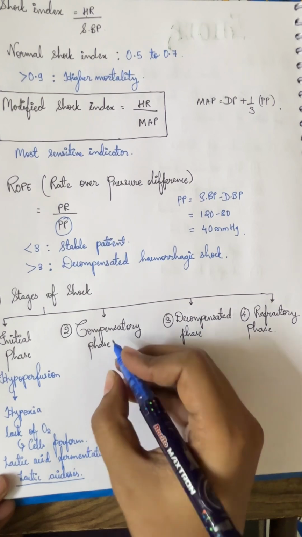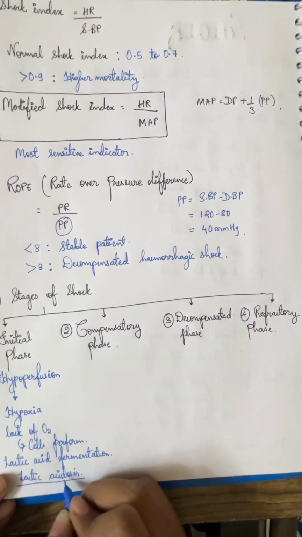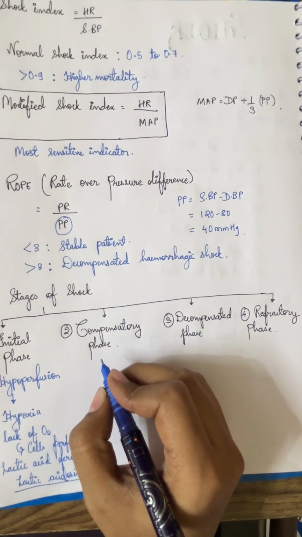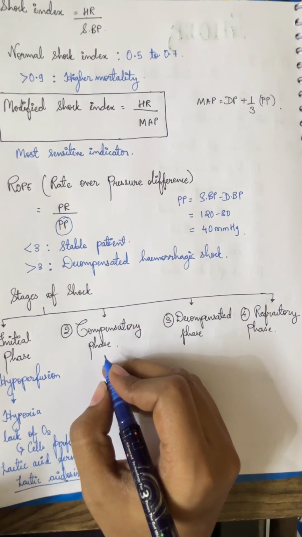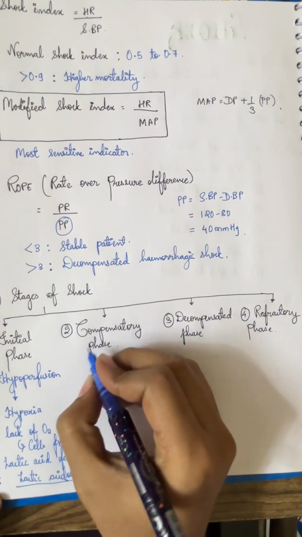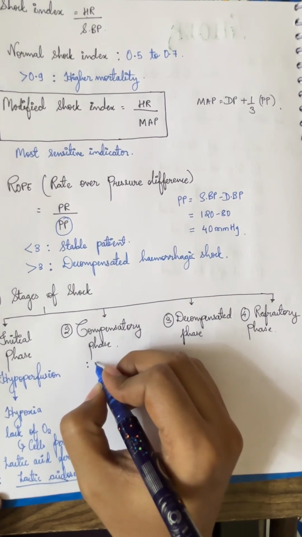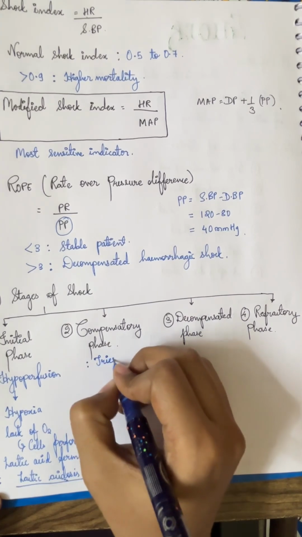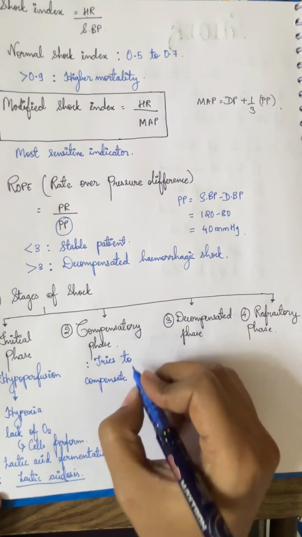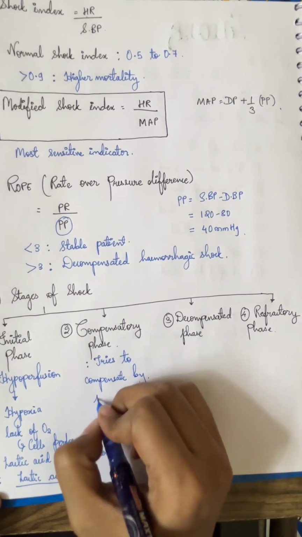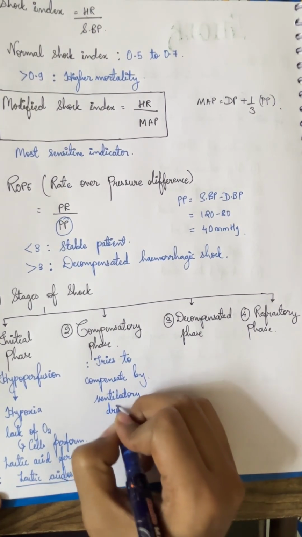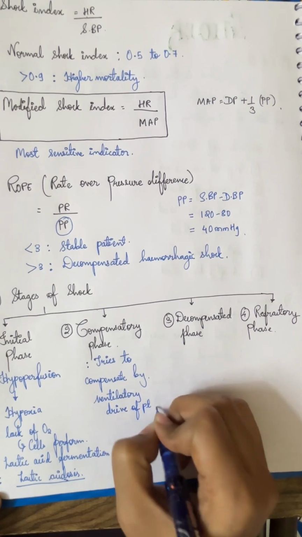Now what happens in the compensatory phase, the second stage? The increased acid in the body increases the ventilatory drive of the patient, and thus the body tries to compensate for the acidosis.